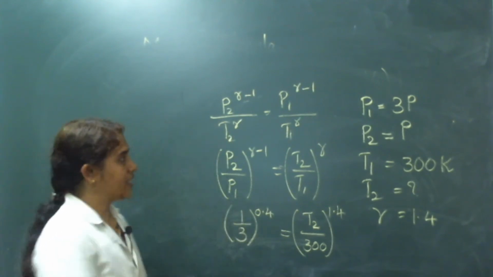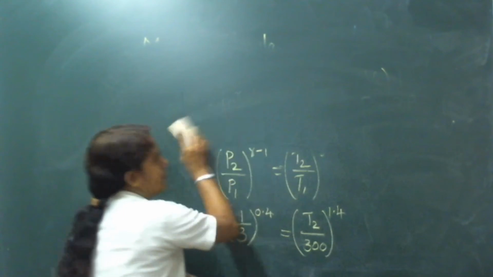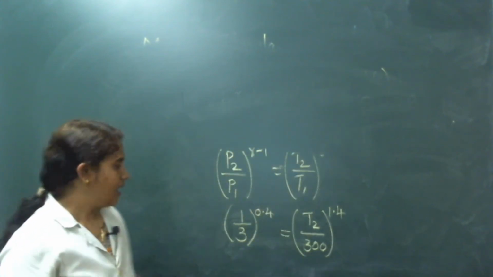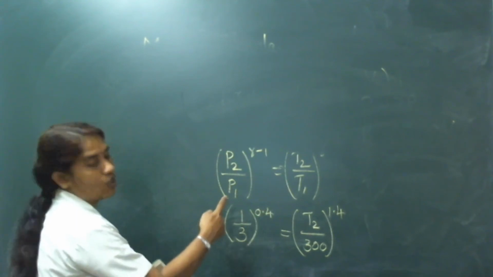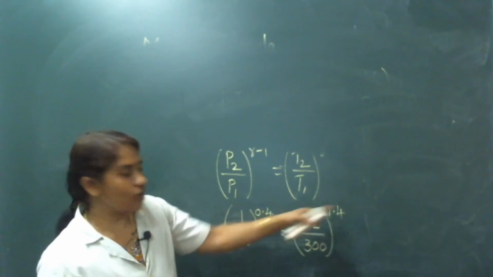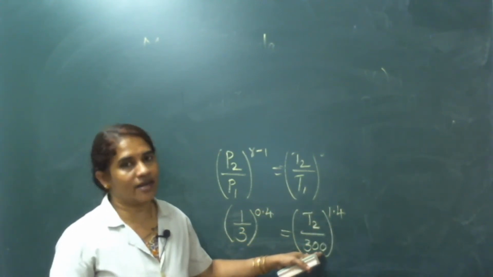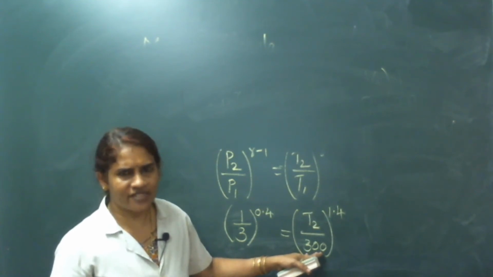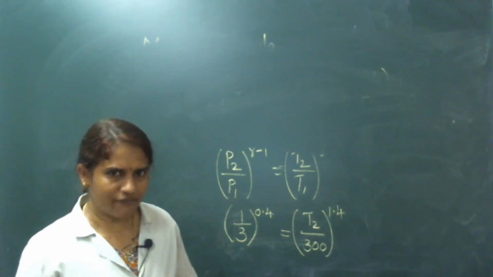Either we can do it in the calculator or with the help of your logarithm table. Here for doing this we can take 0.4 log of 1 by 3 equal to 1.4 into log T2 minus log 300. Log A by B is equal to log A minus log B, the same format.